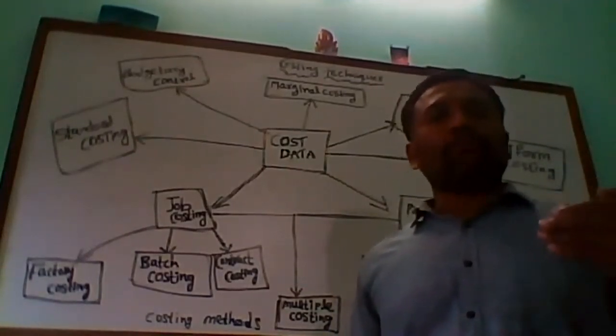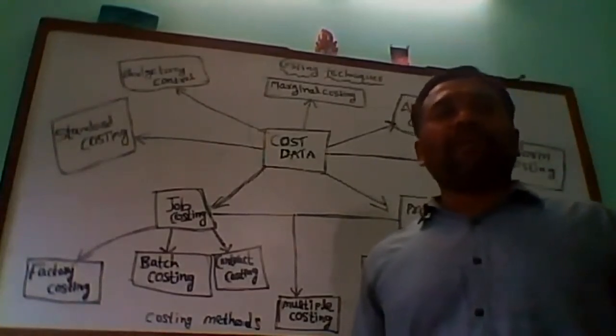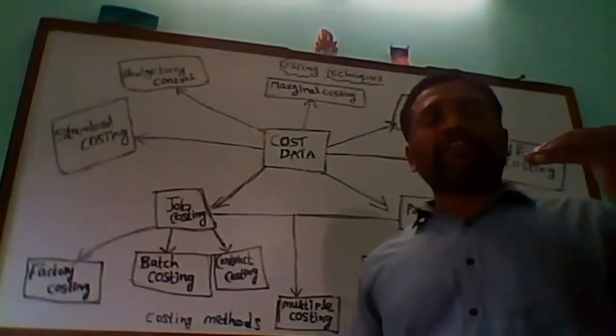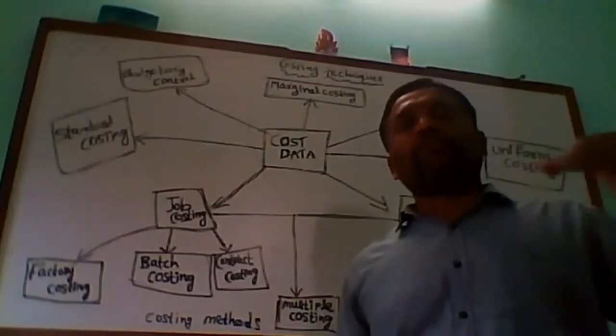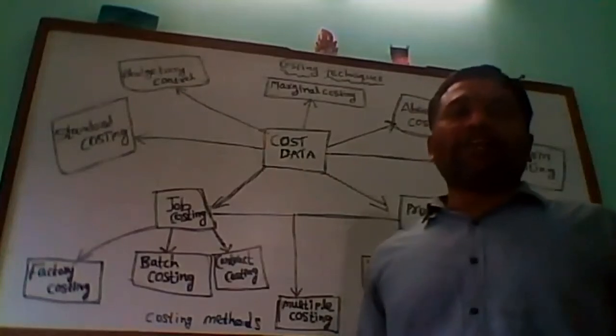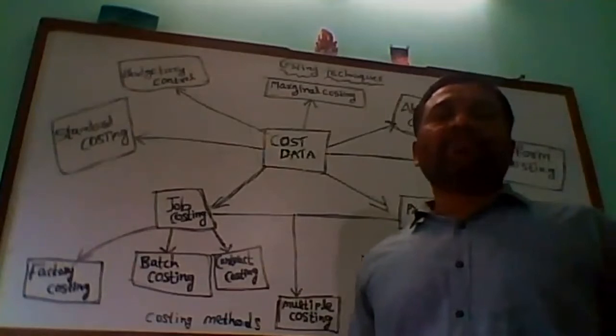The persons who quote the lesser prices, the government is going to accept, and that contract will be allotted to the concerned contractors, because the government wants the products with less cost and good quality. Based on the quality and the cost, they are going to allocate this contract to the concerned contractor, and we are going to record this under contract costing.